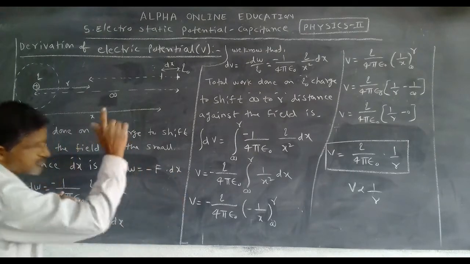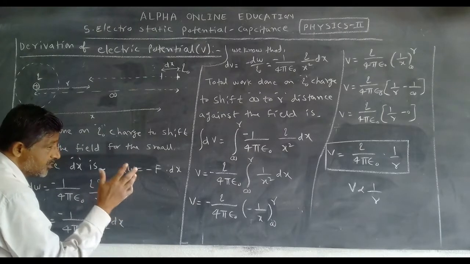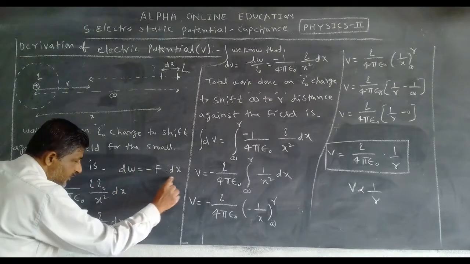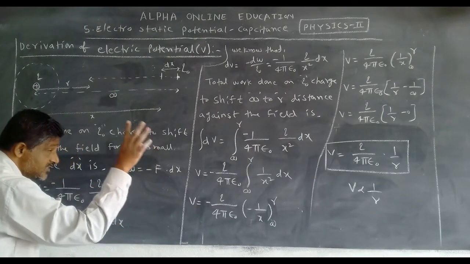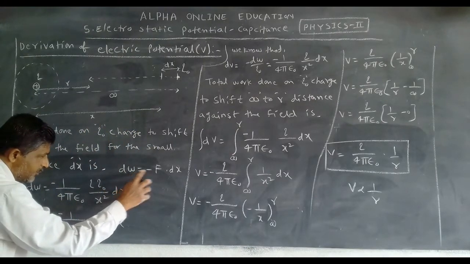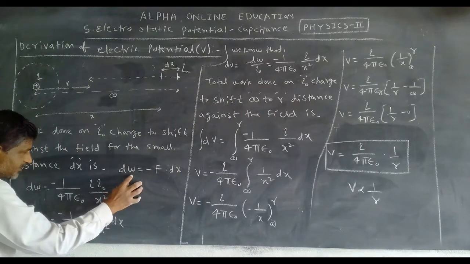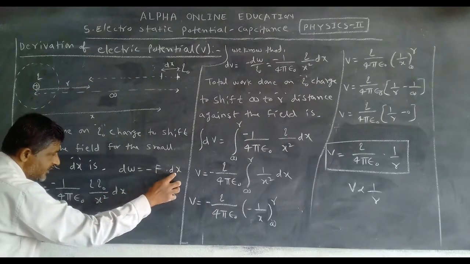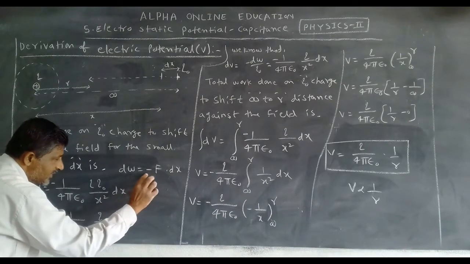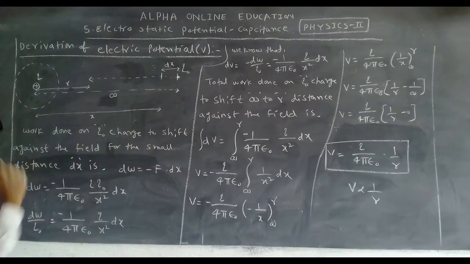We studied this topic in the previous, in the 4th chapter also. Okay, dW. Why dW? Displacement is small, so work is also small. dW is minus F into dx, force into displacement. But why do you need this sign? Against, opposite. That's why minus.